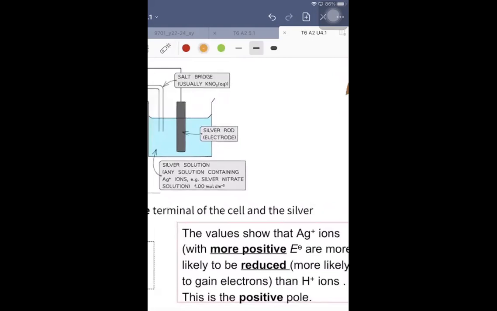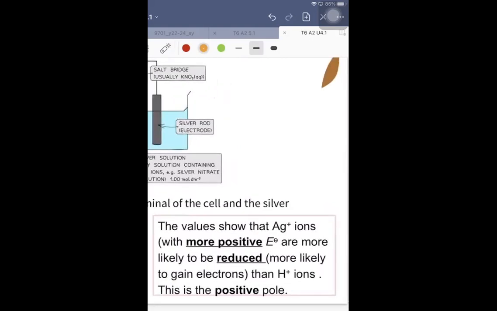So between the hydrogen half cell and the silver half cell, we see that the silver is more positive, plus 0.80 volts. So automatically the silver half cell becomes your positive terminal, and the most negative half cell will become the negative terminal. In this case, your hydrogen is the negative terminal.